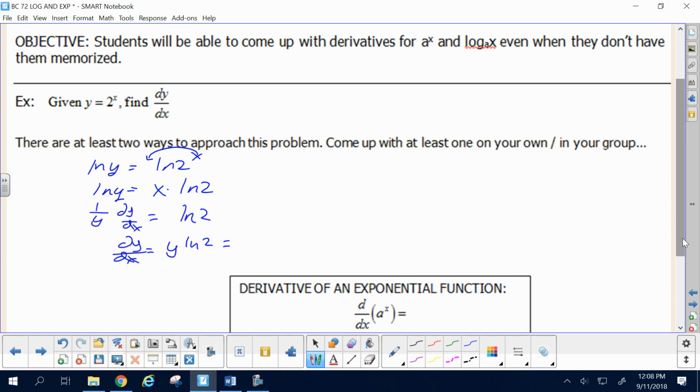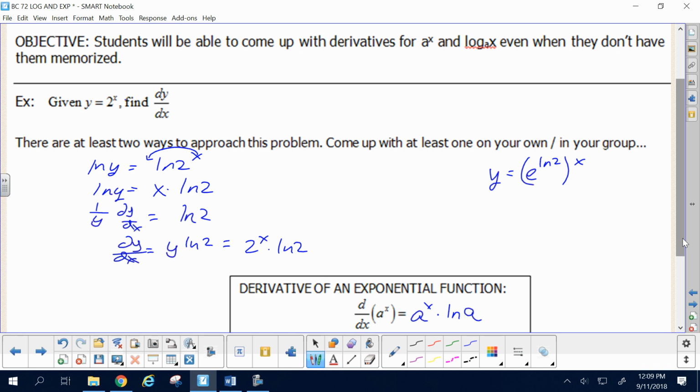But if we put the answer in terms of x only, then y gets substituted with 2 to the x. So the derivative is 2 to the x times the natural log of 2, or generally speaking, a to the x times the natural log of a. There's at least one other way to do it if you like. Some people might write 2 as e to the log 2, to the x.